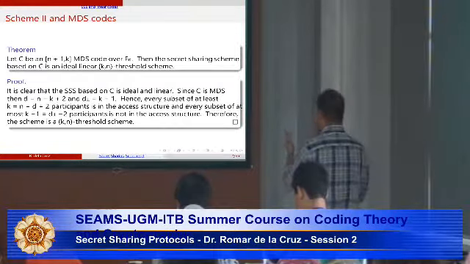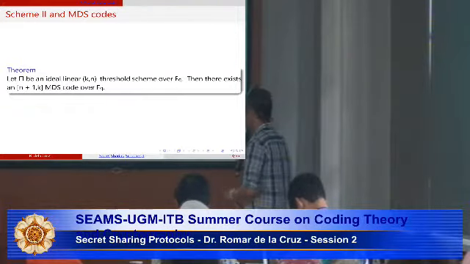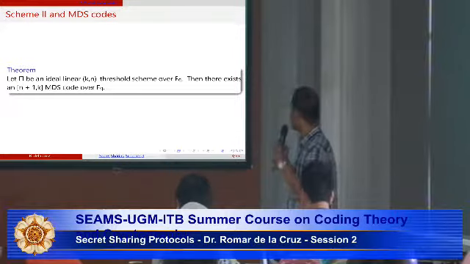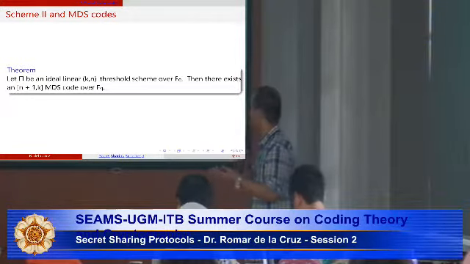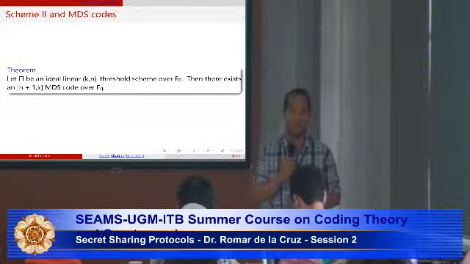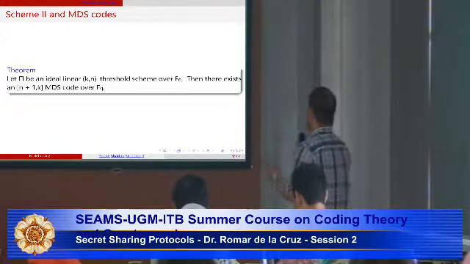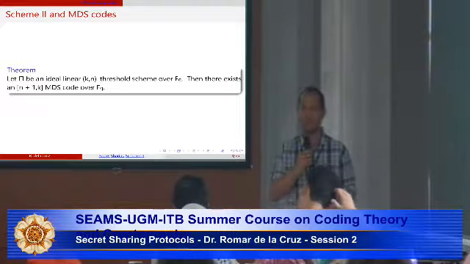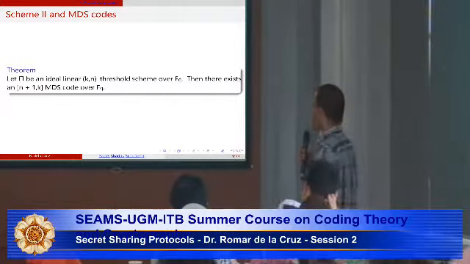And then this is the other direction. If you have an ideal linear threshold scheme over F_q, then there exists an [n+1, k] MDS code over F_q. The proof is longer, so I leave it as an exercise for you.